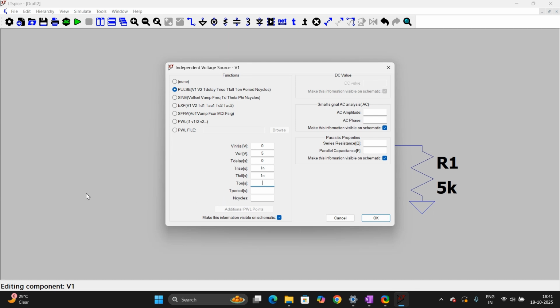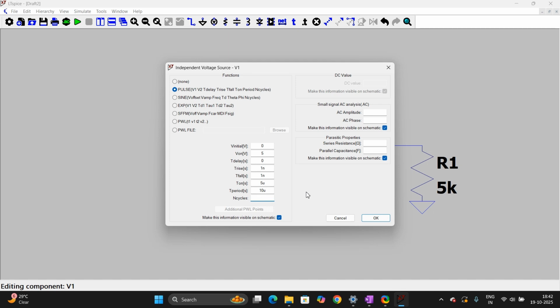Our pulse time period is 1 millisecond, so this is in half, half millisecond. We allot this as 5 microsecond, and the total time period, and we will run this for 3 milliseconds.